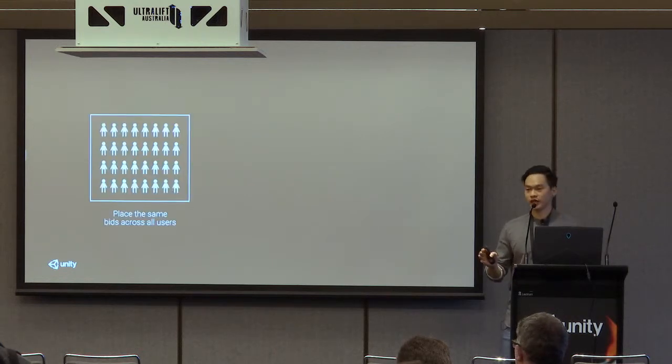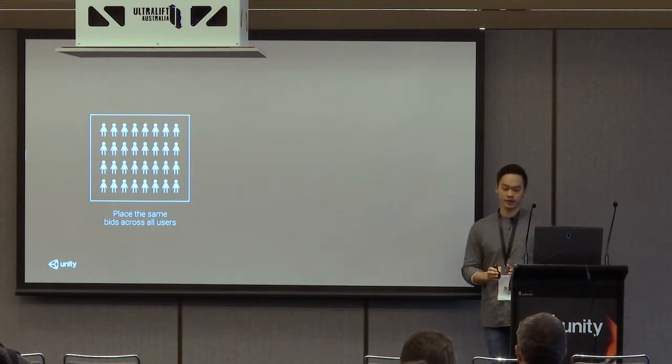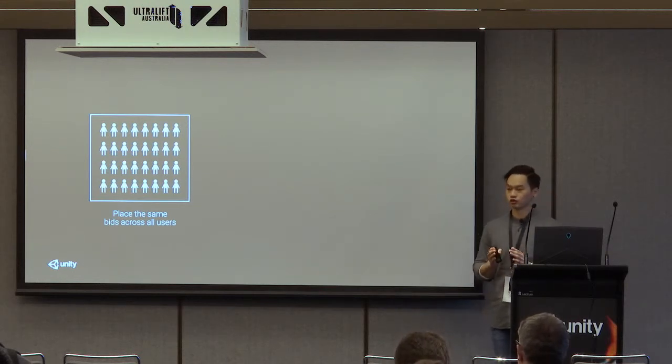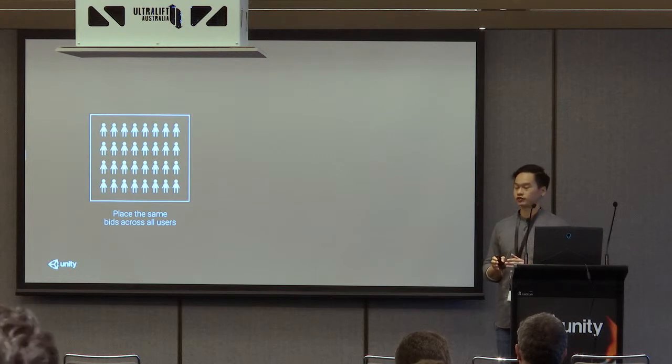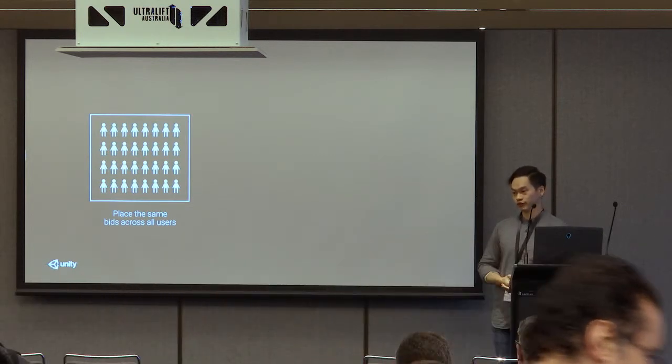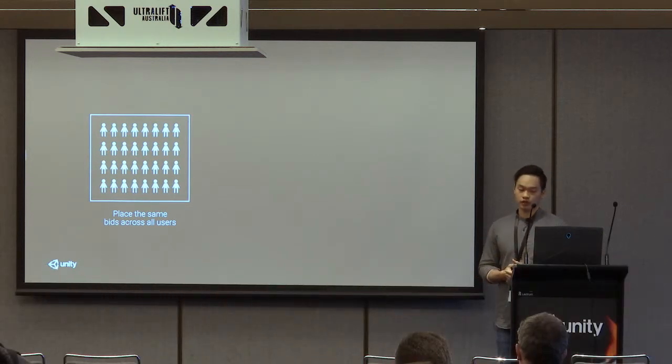So now, let's just imagine that you did get it all figured out. Phew. So you take all that information and you apply the same CPI bid across all your users for a specific set of targeting parameters that you are happy with. For example, you only want German people with an OS of 4.4 and a DPI of 85. I don't know, I made up DPI.